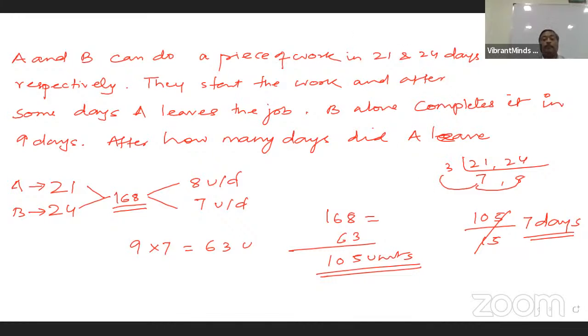Now see. A completed in how many days? So it is 21, B in 24.